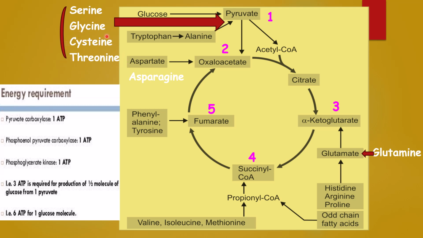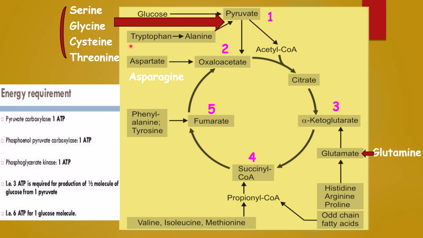In conditions when pyruvate is in deficiency or lacking, or there is a need for synthesis of glucose, gluconeogenesis is to be prompted. So these can be converted into pyruvate. These are major glucogenic amino acids. So these are converting to pyruvate. Then via pyruvate, they follow the pathway of gluconeogenesis, and that's how they are involved in gluconeogenesis.